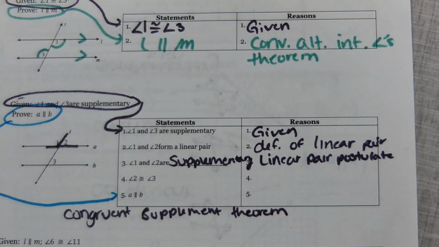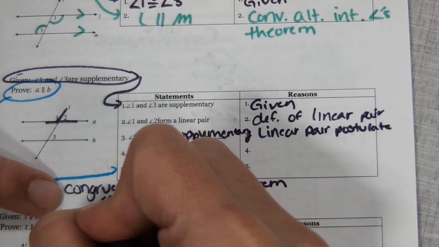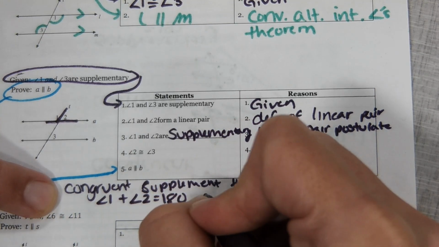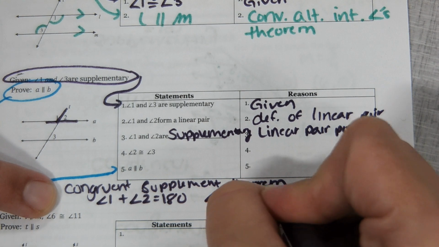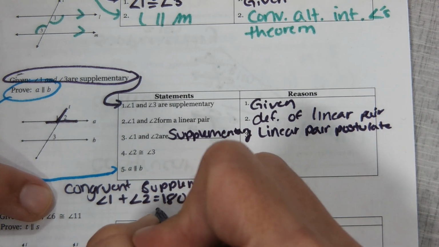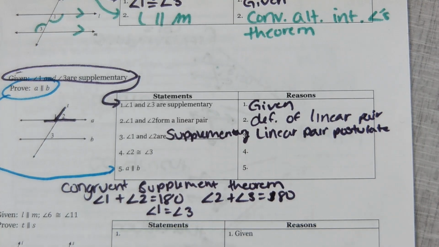Okay, congruent supplement theorem means that if angle 1 and angle 2 are supplementary, and angle 2 and angle 3 are supplementary, they equal 180, then angle 1 has to equal angle 3.